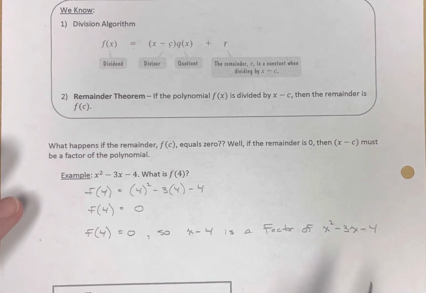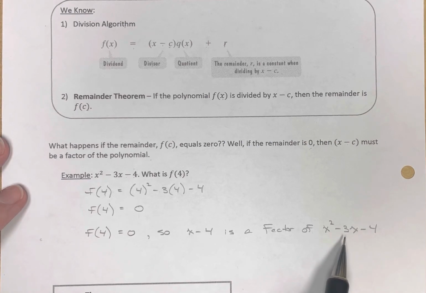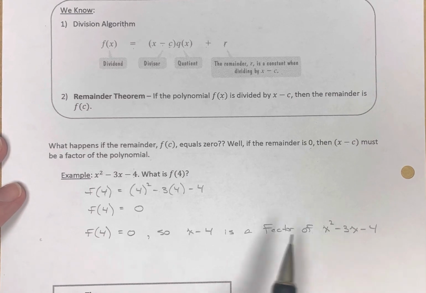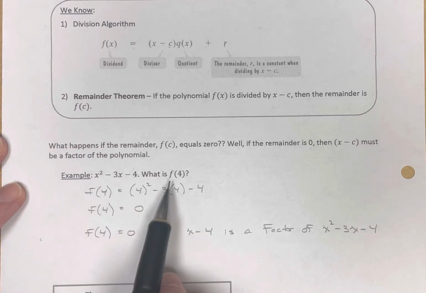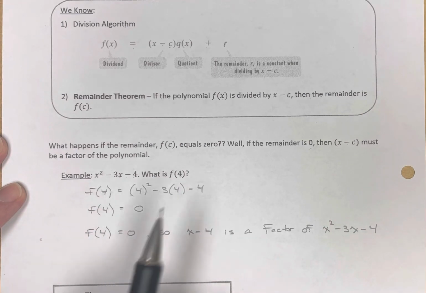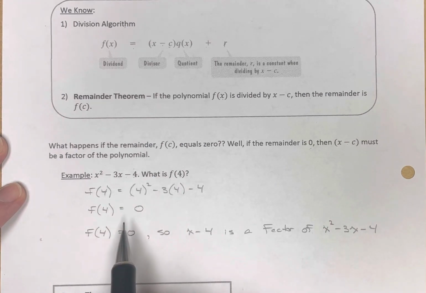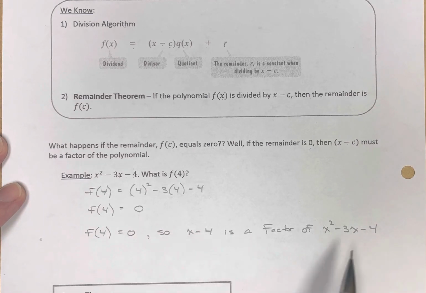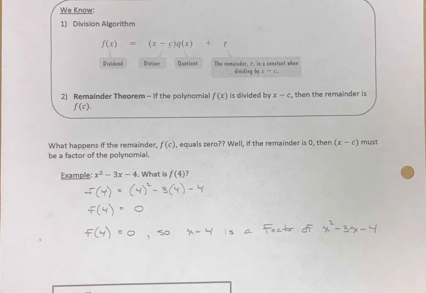We probably could have factored this and gotten that as well, but that's because this is factorable and because this is a quadratic, so it's fairly simple. But this tells us, is x minus 4 a factor? We put 4 in there, we use the remainder theorem, we got a remainder of 0, which tells us that we have a factor.